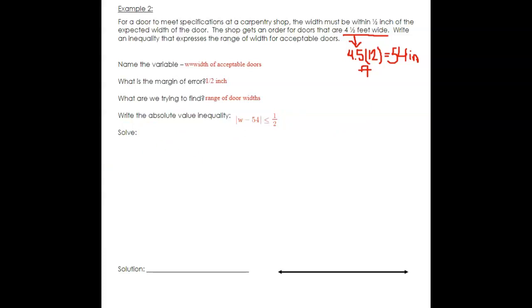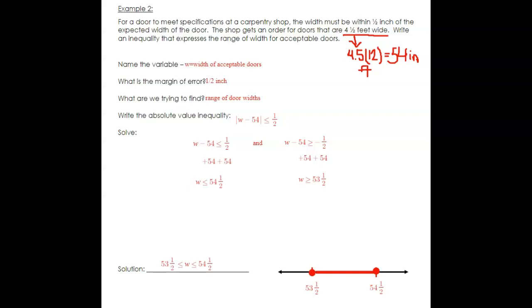So I would like for you to pause the video and try to solve this absolute value inequality, remembering that you need to decide whether this is an and or an or statement. Go ahead and check your work with the work that you see on the screen. In both situations for each inequality, you have to add 54 to both sides of the inequalities.